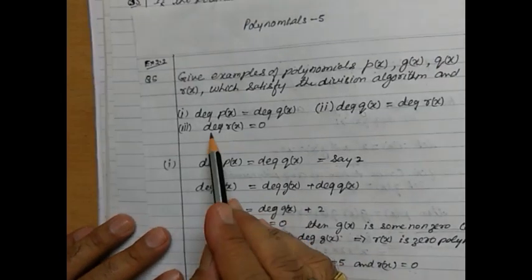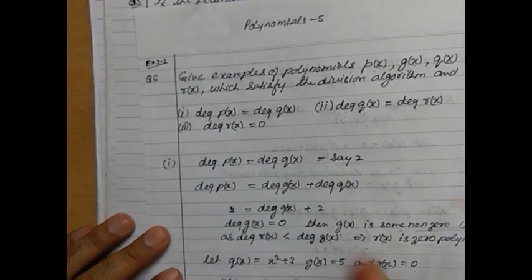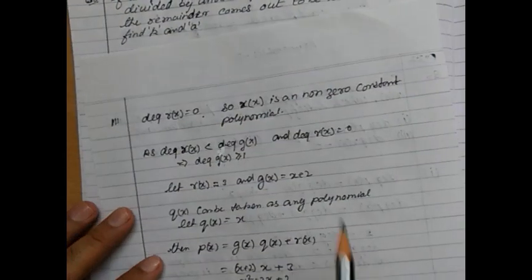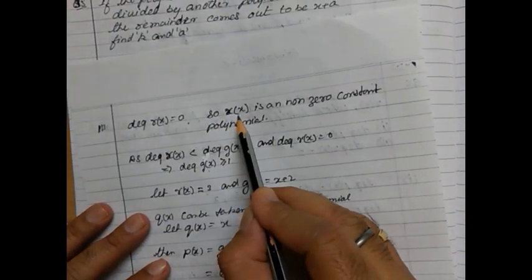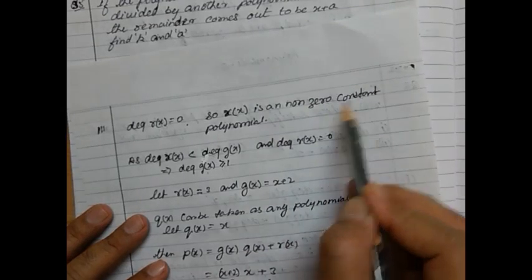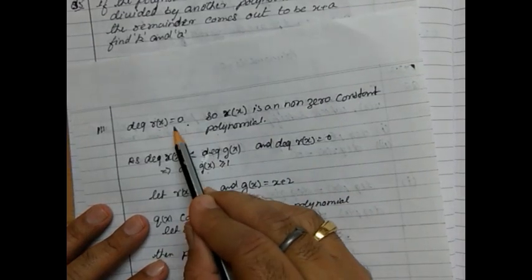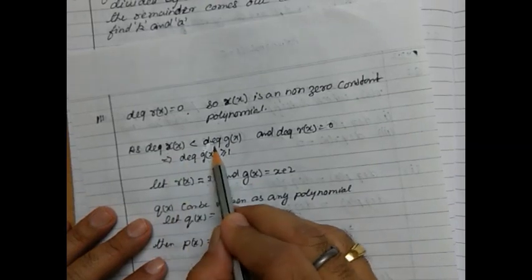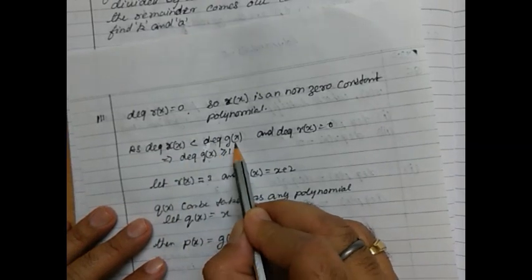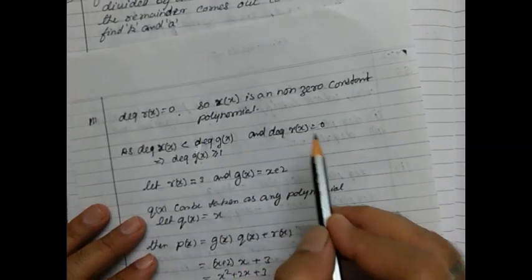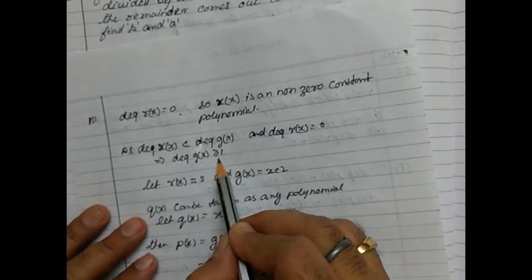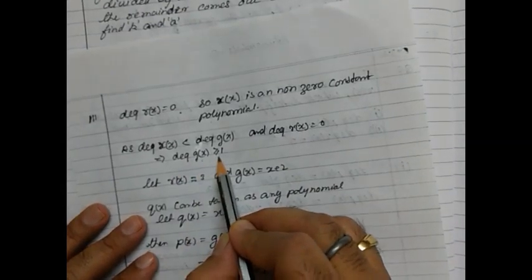Now we take up the third condition. The third condition says: degree of r(x) is equal to 0. So here r(x) is a non-zero constant polynomial. The degree of r(x) will be lesser than the degree of g(x), that means the divisor. So if the degree of r(x) is 0, the degree of g(x) will be greater than or equal to 1.